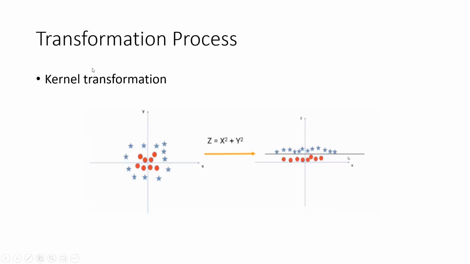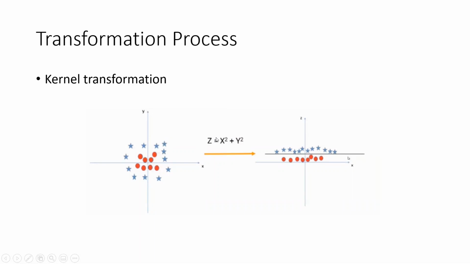So there is one particular transformation process called the kernel transformation process. Imagine this is how your original data points look. You apply a transformation called the Z transformation. Z is given by x squared plus y squared. So for each of these points, this is basically xn squared plus yn squared: x1 squared plus y1 squared, x2 squared plus y2 squared, and so on.